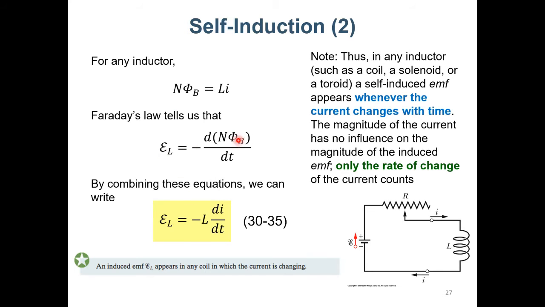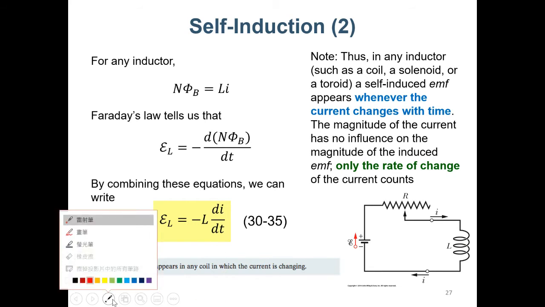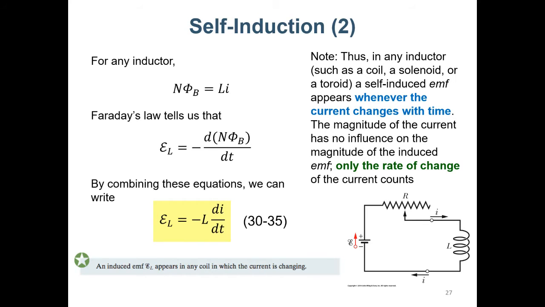So this term can replace the left-hand side, so that the electromotive force for the inductor equals negative L di/dt. And actually, in circuit analysis, you should have learned the equation as VL equals L di/dt.